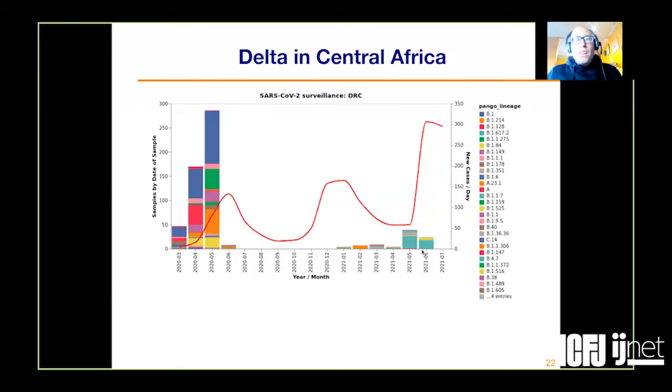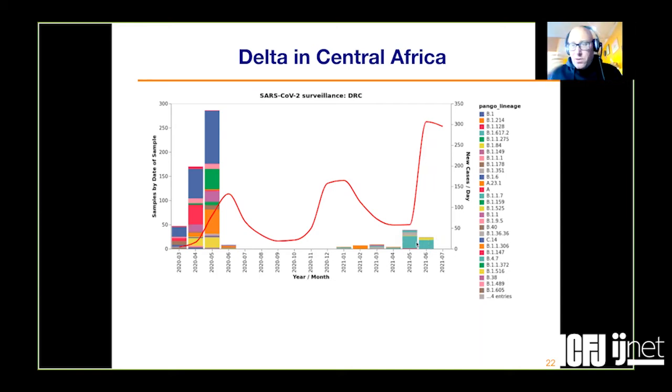In the DRC, one of the issues we have is, at maximum, we're picking up about 300 cases a day. This isn't one of the largest countries on the African continent. So we're just not getting nearly enough testing done. But when they sequence it, and again, these are small numbers, less than 50 samples being sequenced, my colleagues at INRB find Delta.